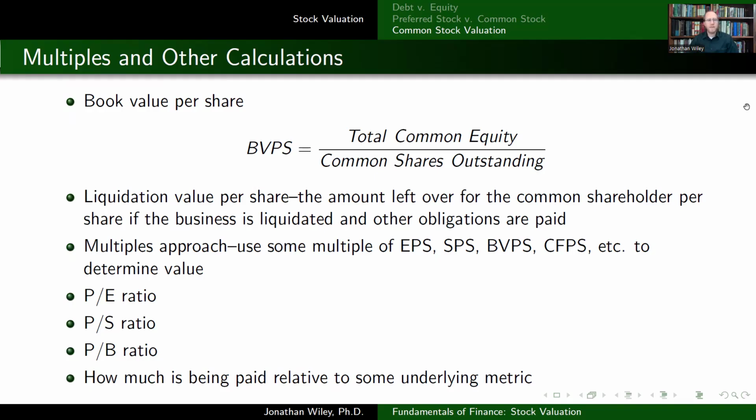Now, if you think about that, you might think, all right, so do I want that to be higher? Do I want it to be lower? What am I looking for? Well, broadly, if I'm looking at the entire market as a whole, you can make a good argument that I'd prefer this number to be lower if I'm buying the stock, because I'm paying less per dollar of profitability generated by the firm. This is kind of like saying, if you had an opportunity to buy a business, would you rather pay $1 million or 10 million?